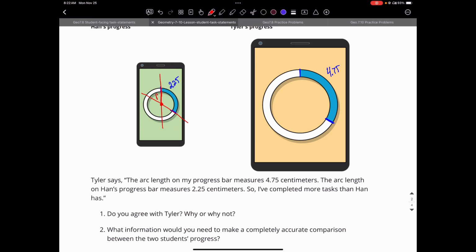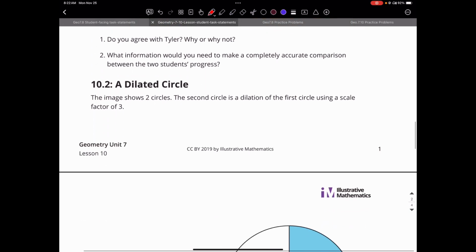If I did the same thing here, here's the center. I need to know what this radius is, right? Because those radius lengths are going to determine which one is higher or which one has completed more work. You'll need that information to be able to do so.